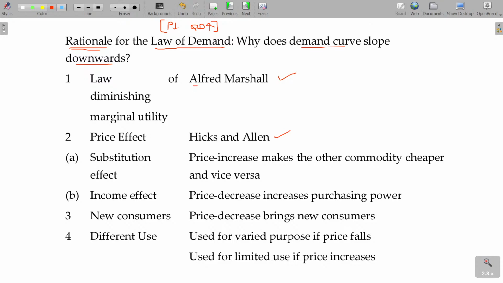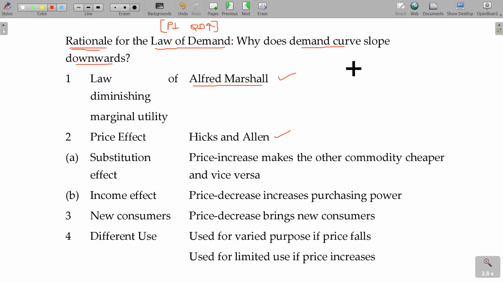As per Alfred Marshall, for example, if you want to purchase an apple and you are craving, you're so hungry, you want to eat something, and only apple is available.